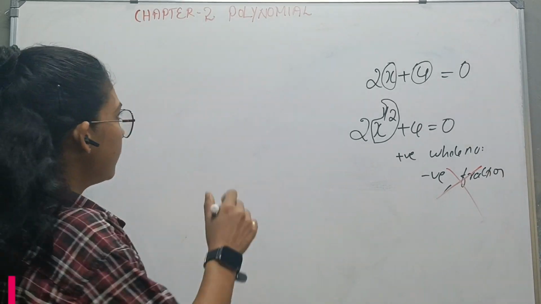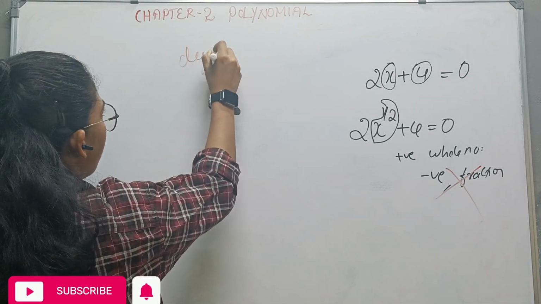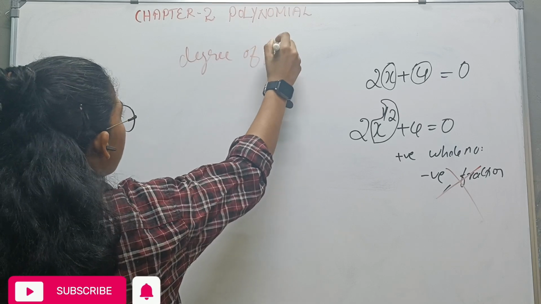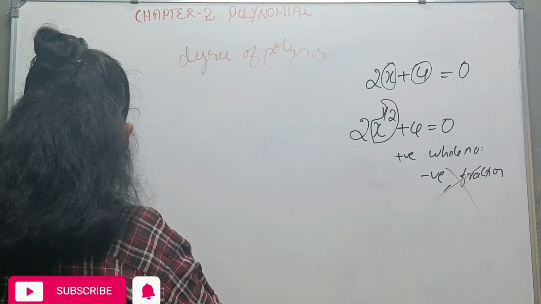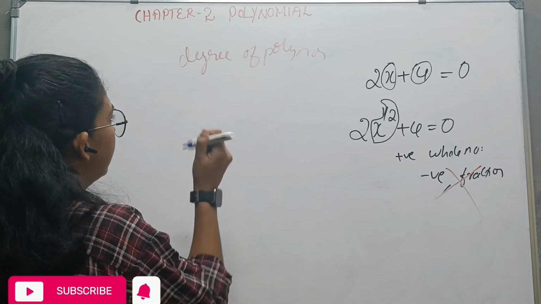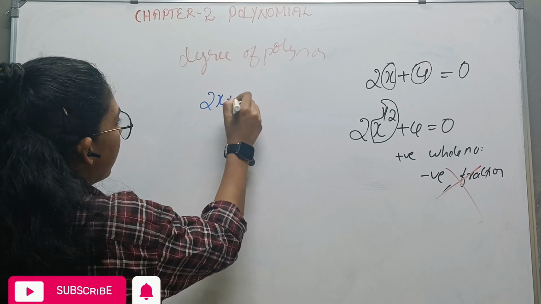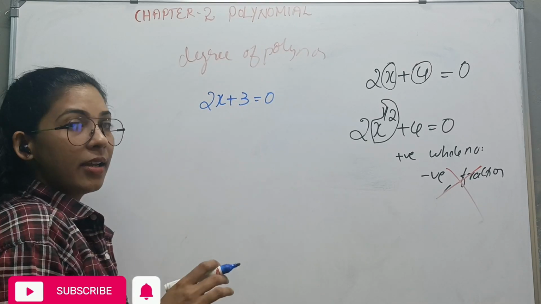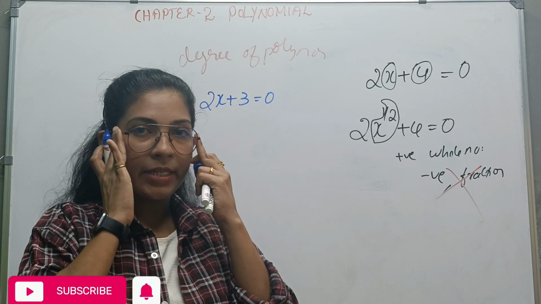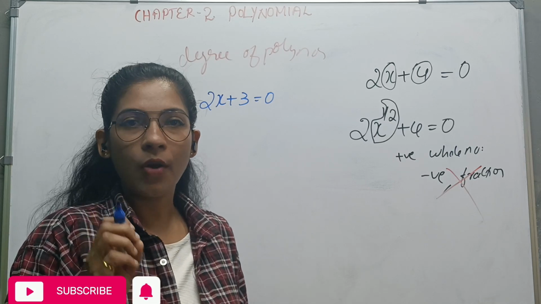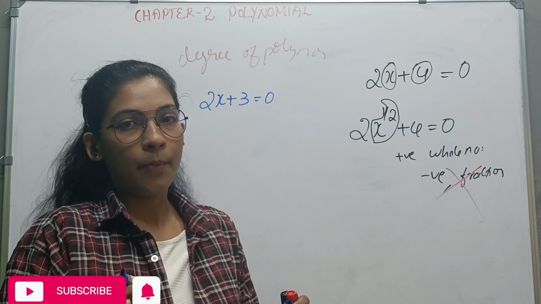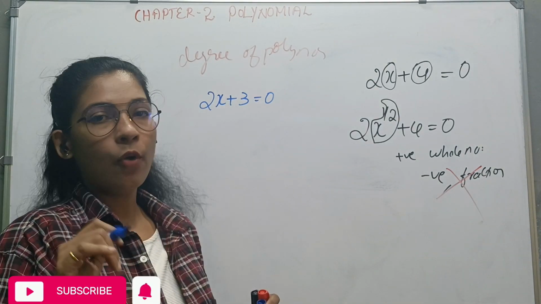Now, what is the degree of a polynomial? The degree of a polynomial is the highest power of the variable involved in the polynomial.